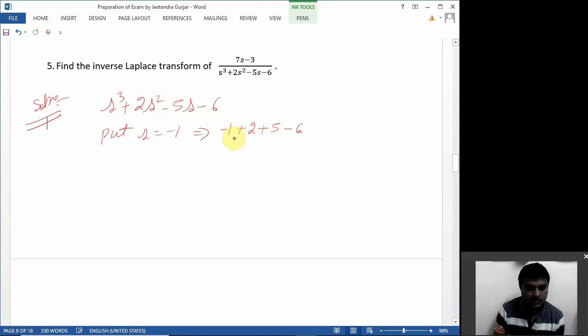You can see this is minus 7 plus 7, which is equal to 0. Therefore s plus 1 equal to 0 is a root of the equation.